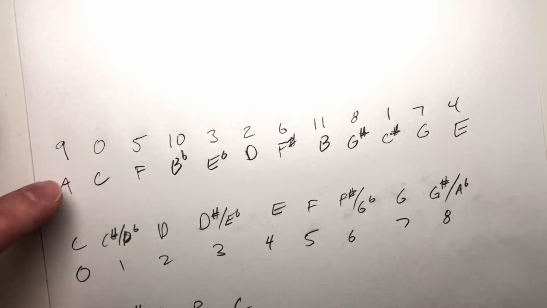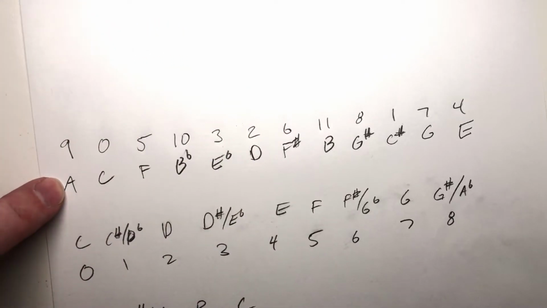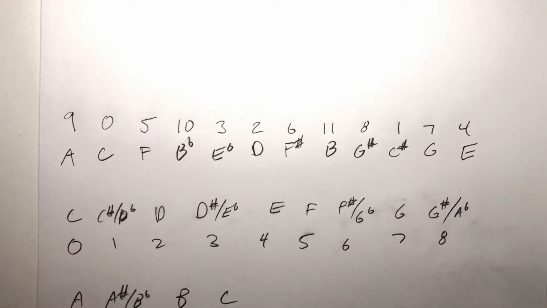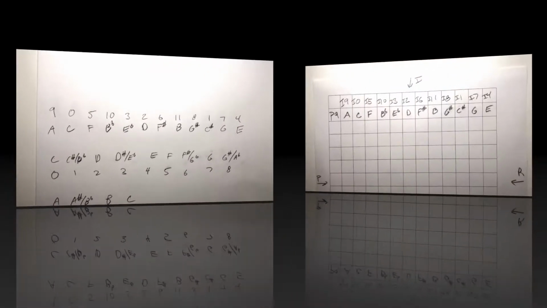If you have two notes that are the same, like an A here and an A somewhere else, then you've done something wrong. Each note of the chromatic scale is represented once and no more, no less.